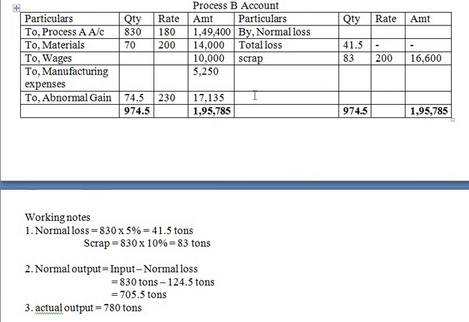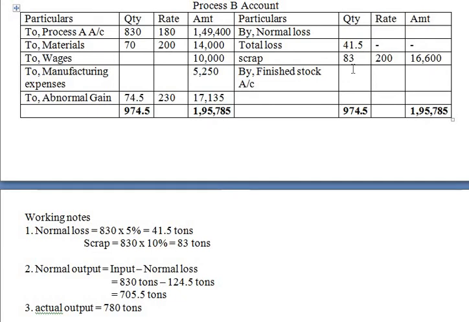Now whatever balance remains, that has to be transferred to finished stock account.